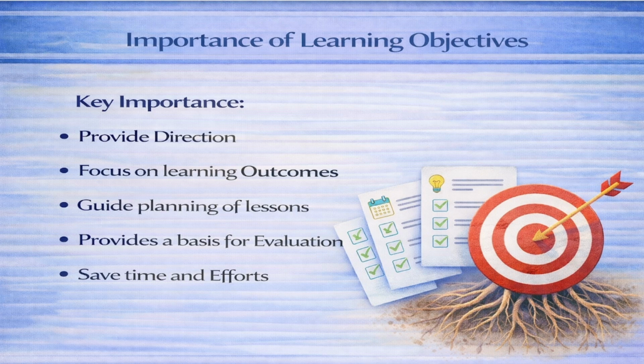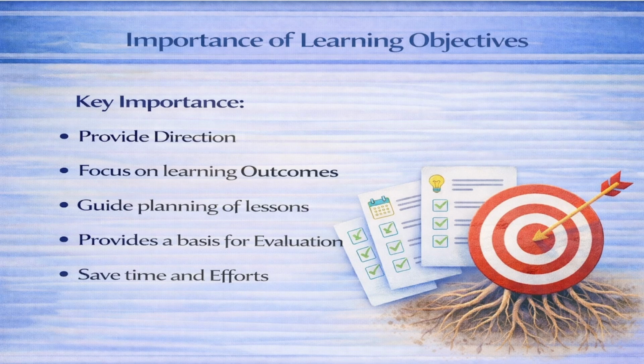The second one is focus on specific learning outcomes. This means objectives make learning targeted and purposeful, because each objective clarifies the exact knowledge, skills or attitude that learners should achieve. For example, if the objective is identify part of a tree, the lesson will focus on roots, trunk, branches and leaves.